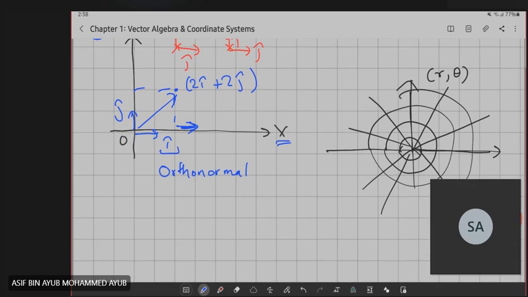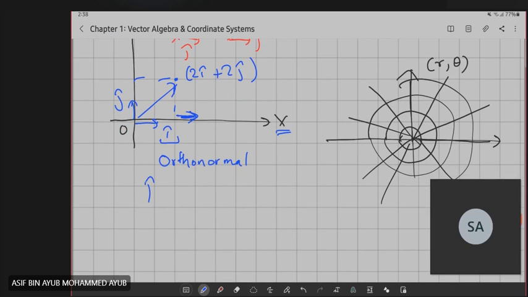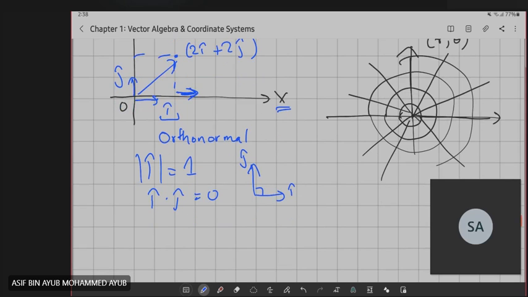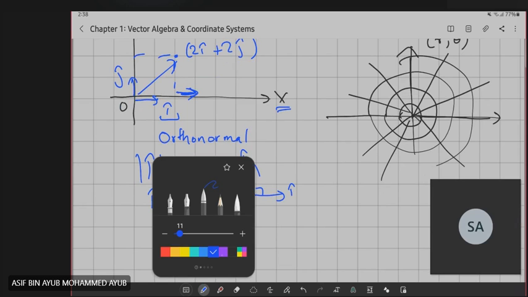An orthonormal basis is quite convenient to use because the magnitude of i is 1 and i dot j is 0, because the angle between i and j is 90 degrees, so it's orthonormal. And you can also construct an orthonormal basis in the polar coordinate system.